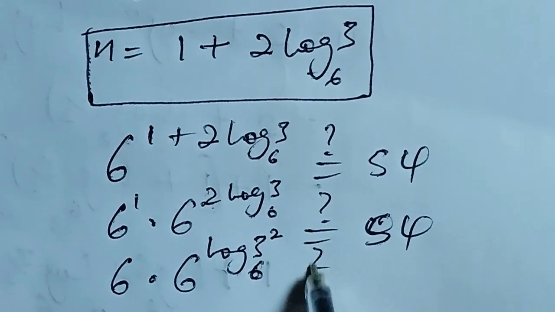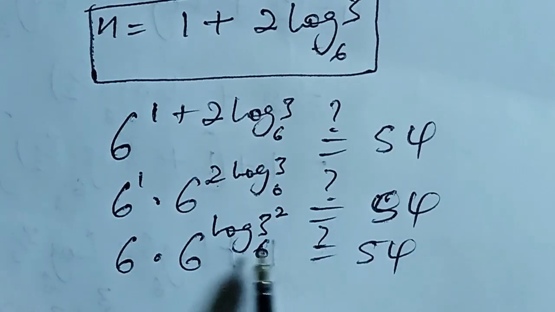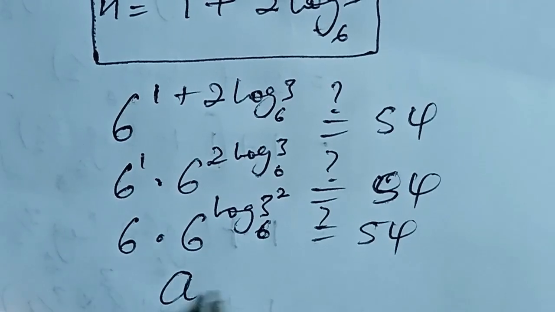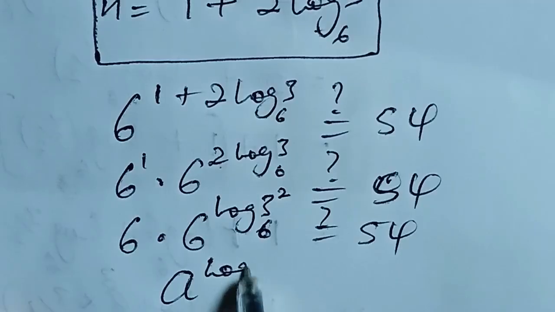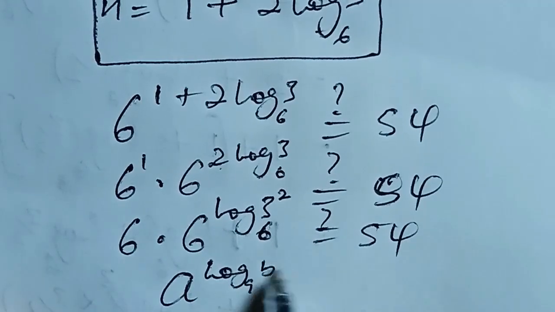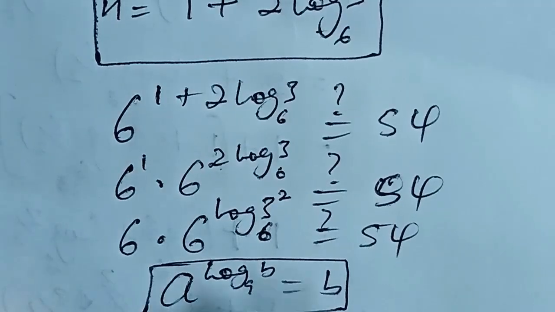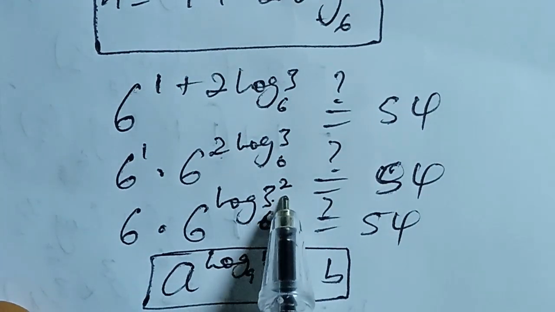Would that be equal to 54? Considering our identity, which implies a to the power of log base a b is equal to b, our b in this case is 3 to the power of 2.